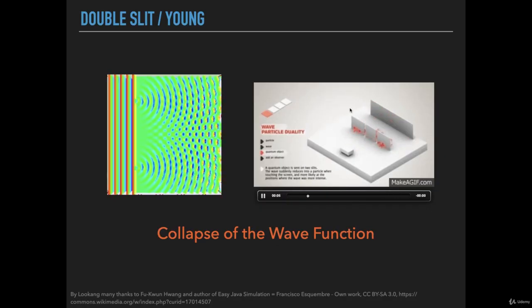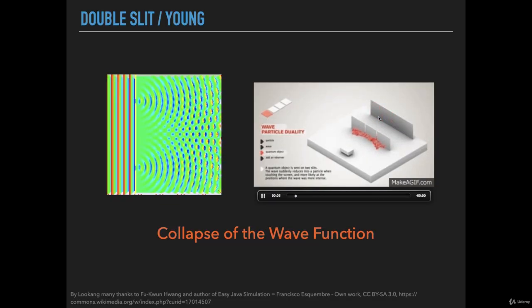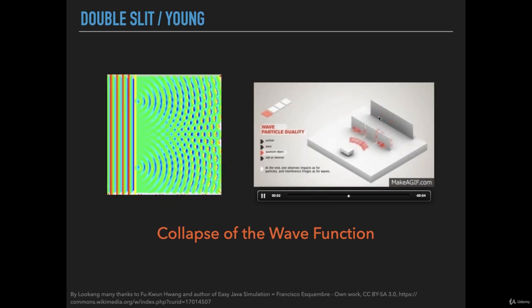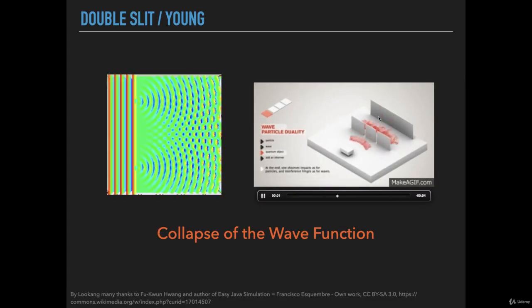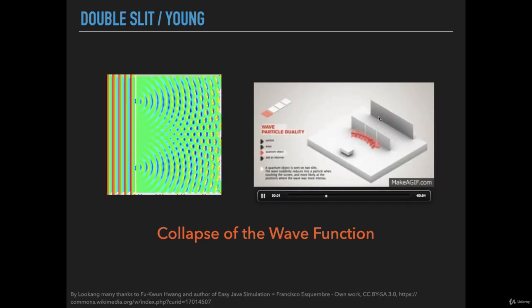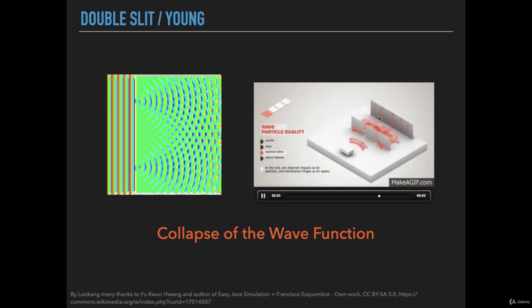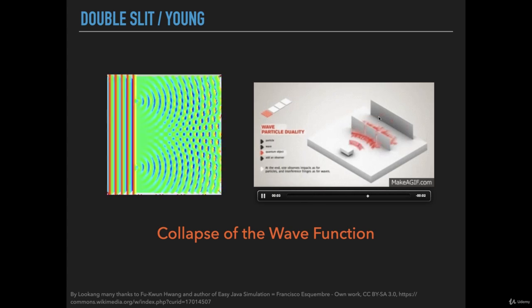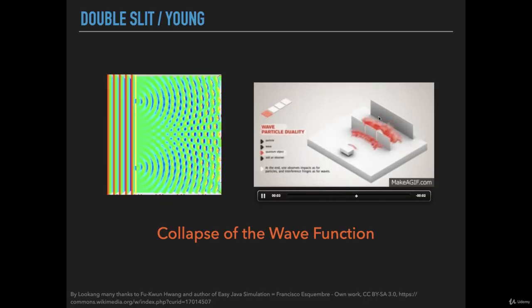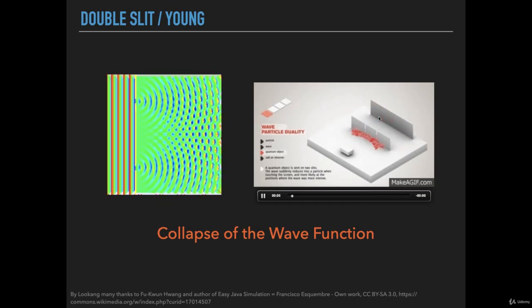And as if the photons would know, the interference pattern emerges again. So when they're observing, it actually collapses the wave function. We're going to use this term a lot. It collapses the wave function when we do a measurement in this experiment, and we don't see this interference pattern. So this is shocking again.